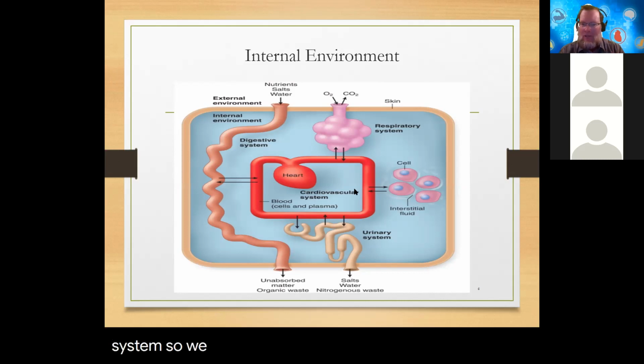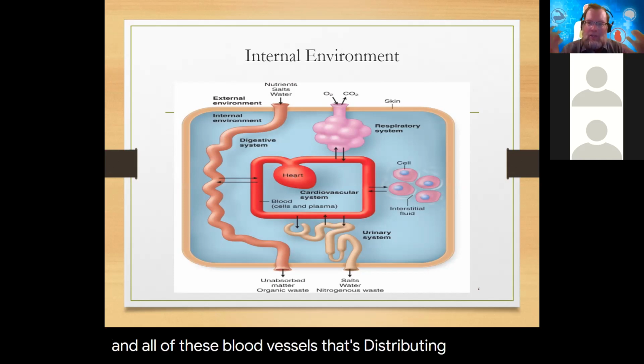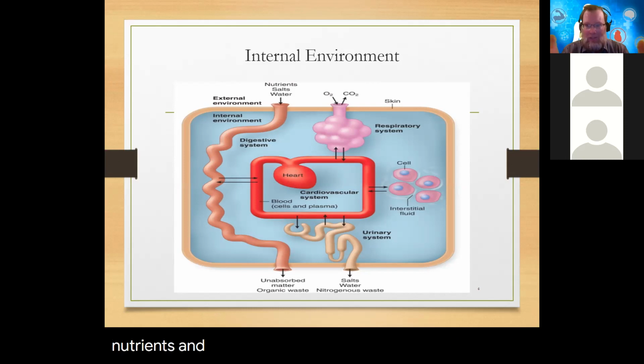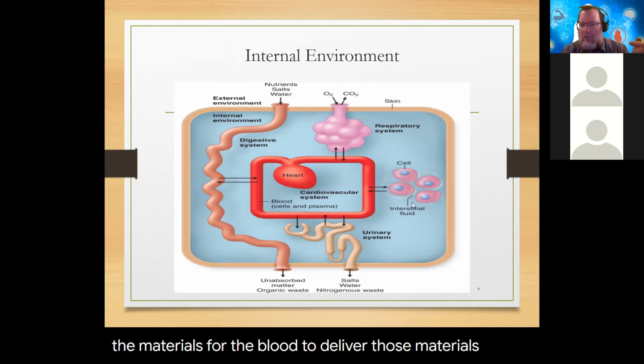So we have this cardiovascular system of the heart and all of these blood vessels that's distributing these nutrients and oxygen, as well as taking away the waste. So we see the digestive system and the respiratory system are the primary systems for bringing in the materials for the blood to deliver those materials ultimately to the cells.